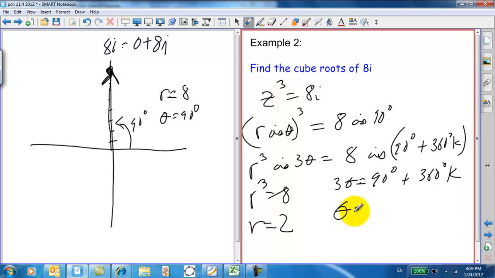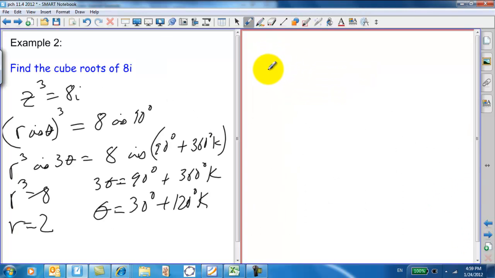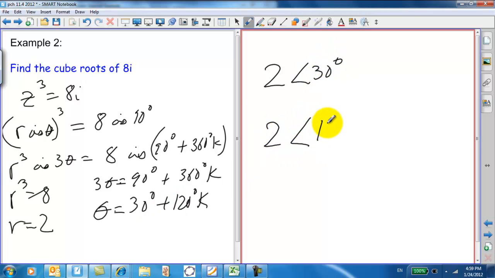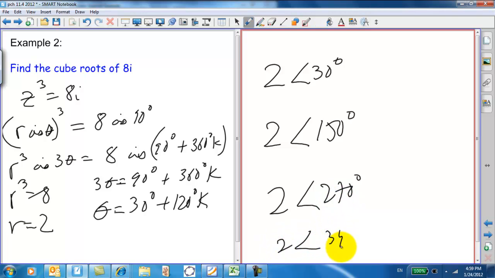So theta is 30 degrees plus 120 degrees times k. So this sets up our answers then. We get 2 at an angle of 30 degrees, 2 at an angle of, add 120 on this, 150 degrees, 2 at an angle, add another 120, you get 270. If you add another 120, you go over. 2 at an angle of 390, oopsie, we're over. And we only expected 3 cube roots.